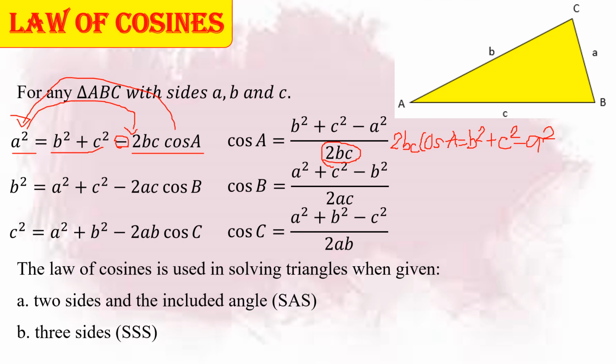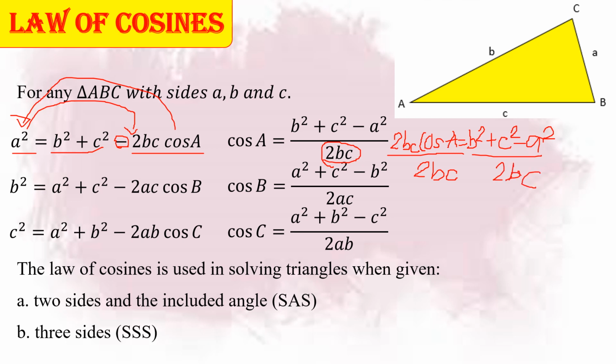Okay. So, para ma-cancel out itong si 2BC dito, at ang matira lang ay si cosine A, since ito lang naman ang hinahanap natin, i-divide natin yung 2BC, both sides. Okay? So, magiging 2BC cosine A divided by 2BC, and then is equal to B squared plus C squared minus A squared over 2BC.